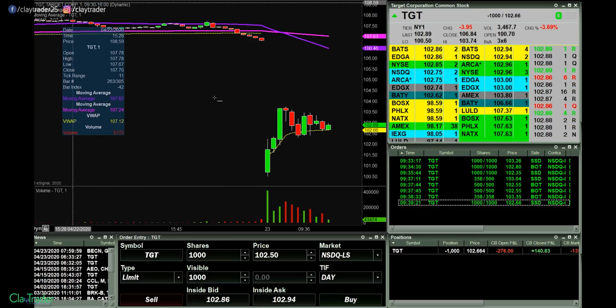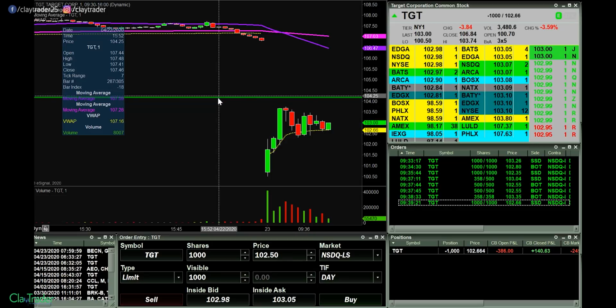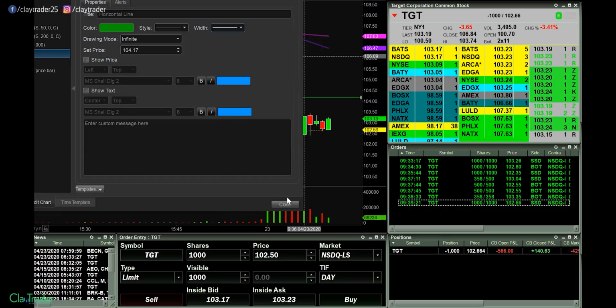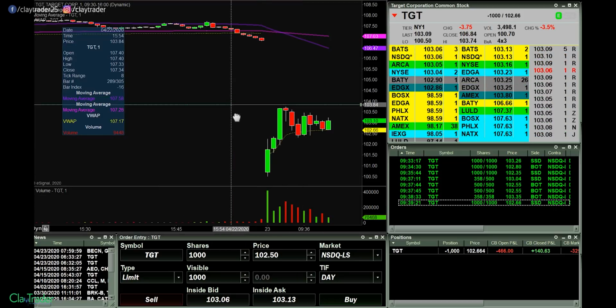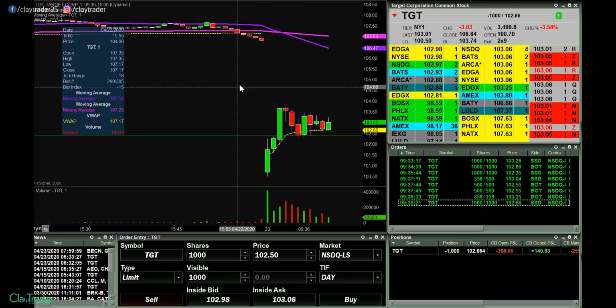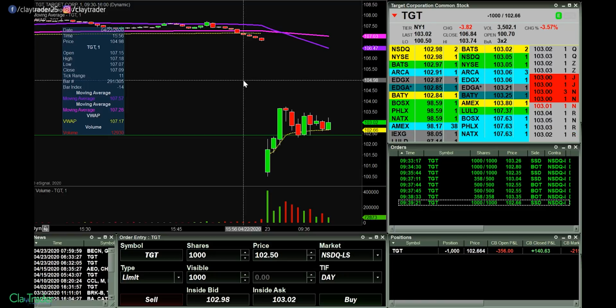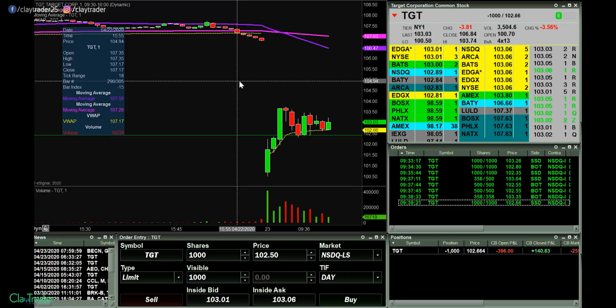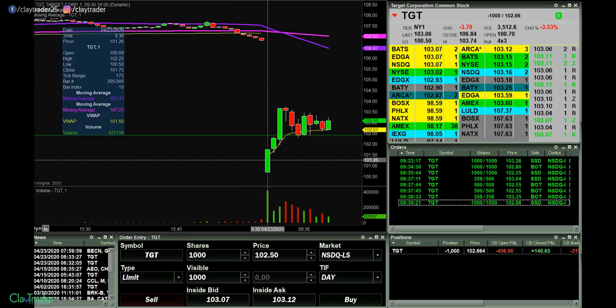In fact, I'll map that level out just so we can keep an eye on it for visualization's sake. So that green line right there, if the price falls below there, I think it could become a very, very profitable trade. So I will go ahead and pause for the time being.